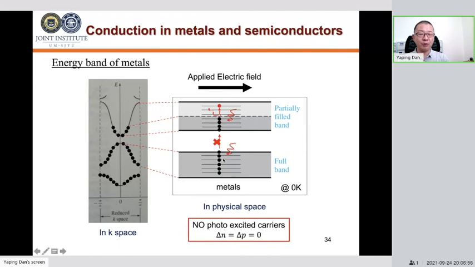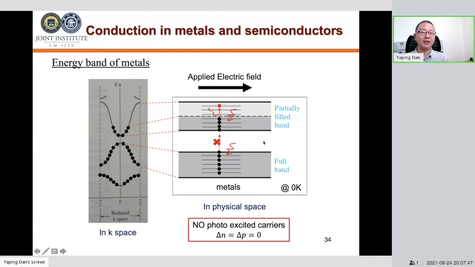So unless your photon has extremely high energy, many of the energy levels in this region are already occupied by electrons. The electrons at the bottom cannot be excited to the top, because there is no empty space for them to occupy.